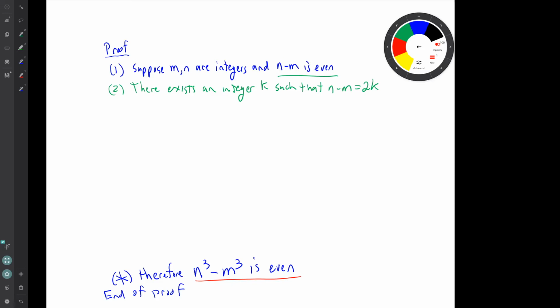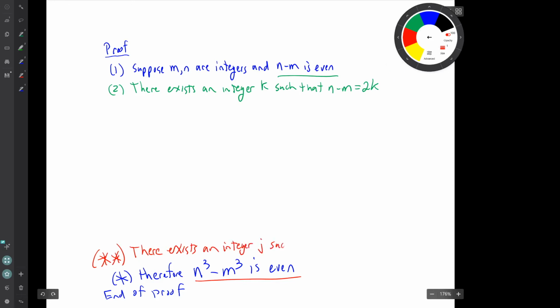We have no choice about how this is going to end. Not only do we know that those statements have to be there, we know how they're going to be justified. Statement 2 is by the definition of even. Now, the red statement we don't know the justification for, but the final statement we know how it's going to have to be justified.